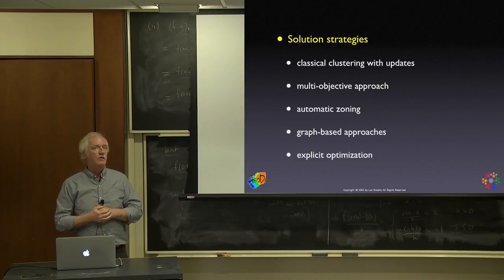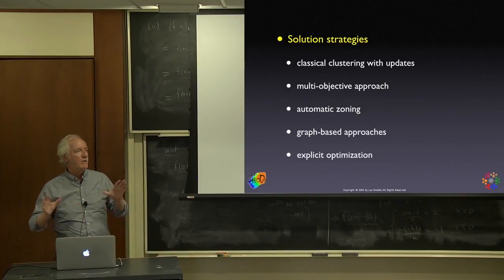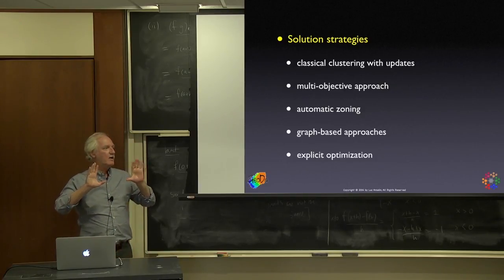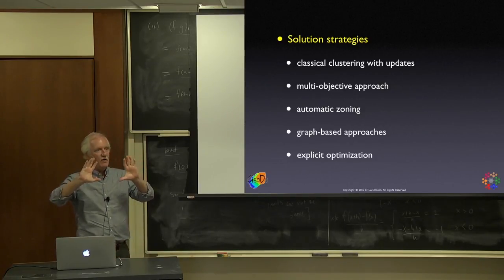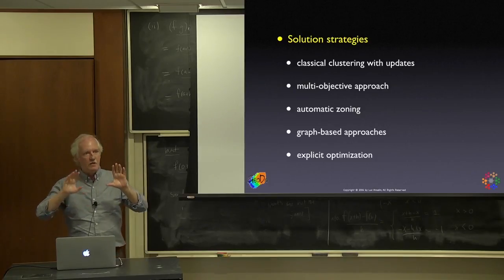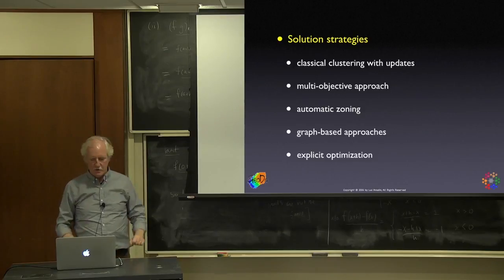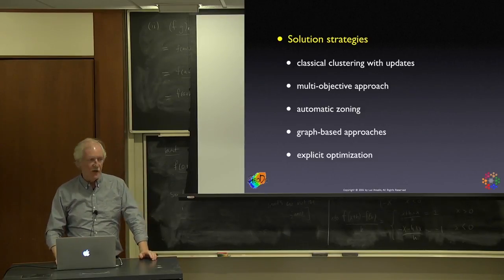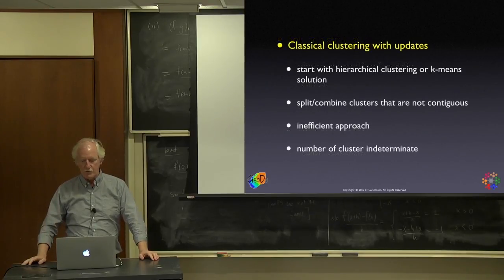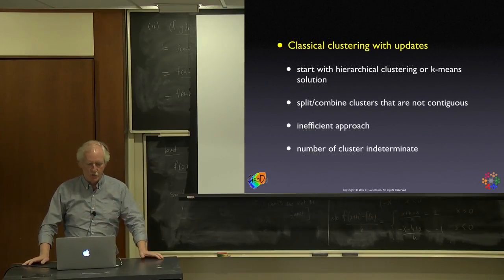We've done this when we looked at spatial weights. If you remember the spatial weight structure in R, we drew a little graph that connected each spatial location to its neighbors.